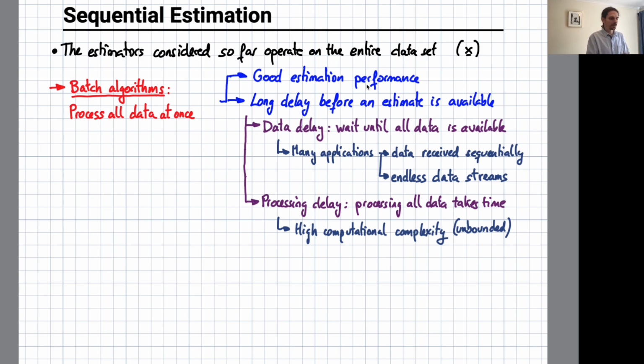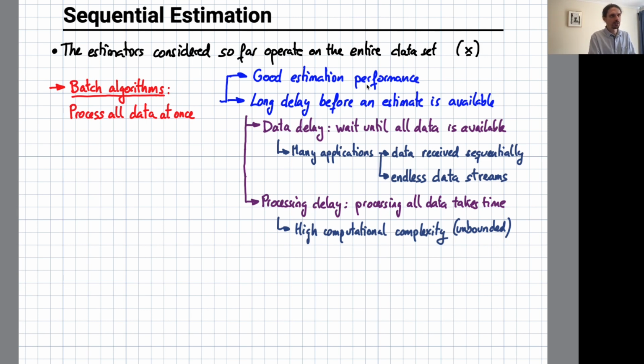And that holds even for the simplest estimators that we considered, such as the BLUE or least squares or LMMSE estimators, right? So, if the data set is too large, then we may need an exceedingly large number of arithmetic computations.